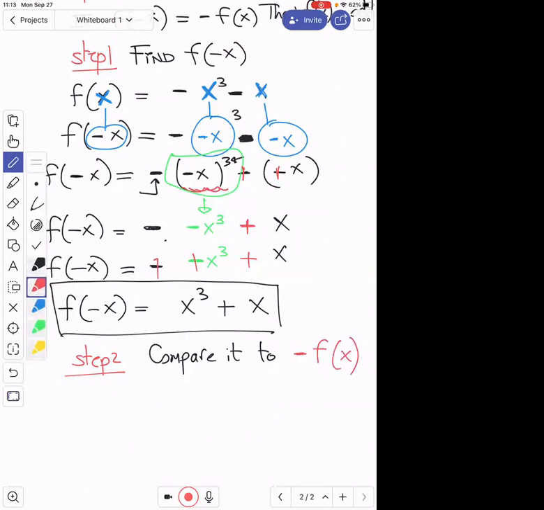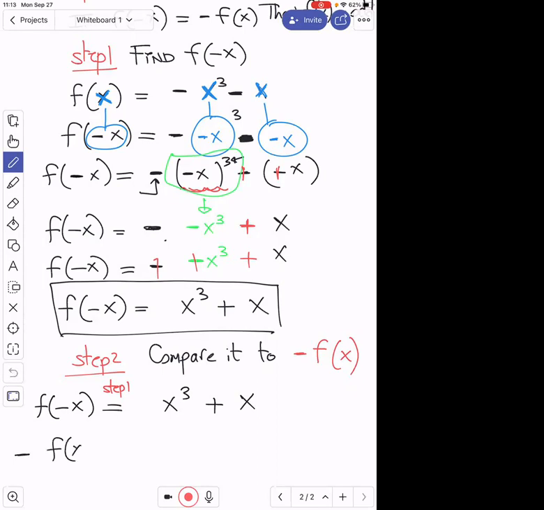All right, so from step 1, my f of minus x, I got x cubed plus x. Now I need to compare this to minus f of x, the opposite of my original function.